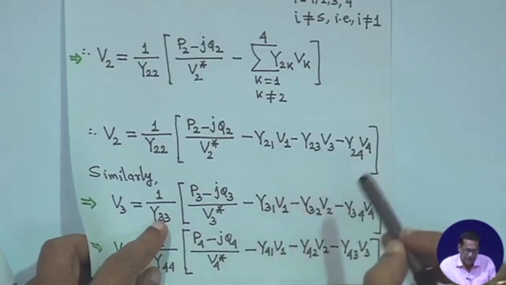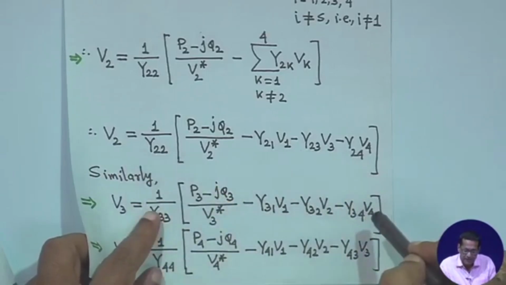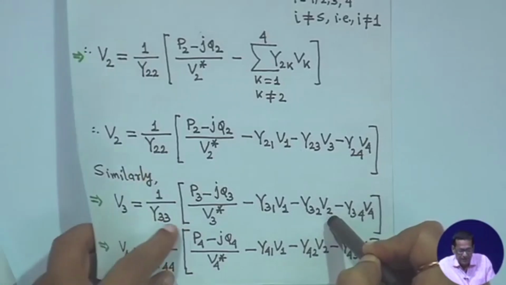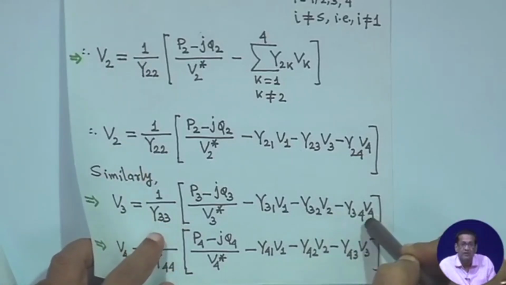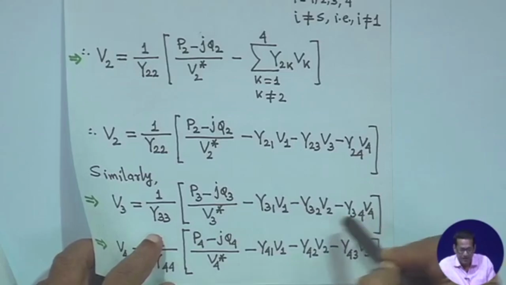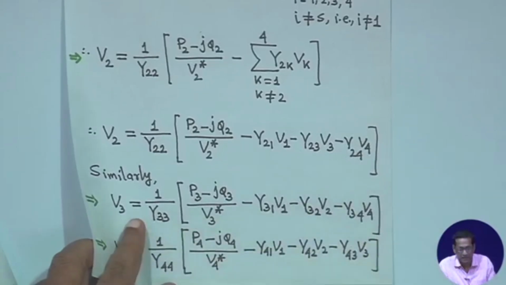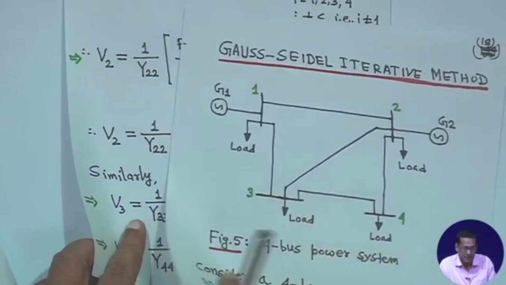Do not take the initial value of V2; use this value directly. But the V4 initial value you have to take, because V4 is not computed yet, and this equation is also independent of V3, according to the line connectivity.